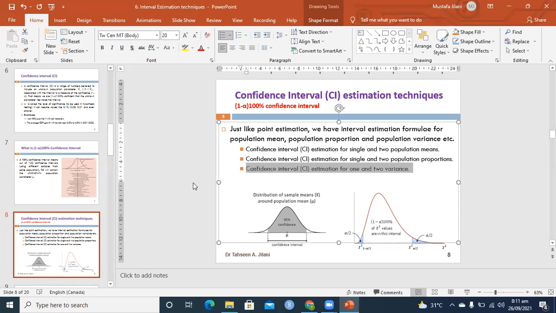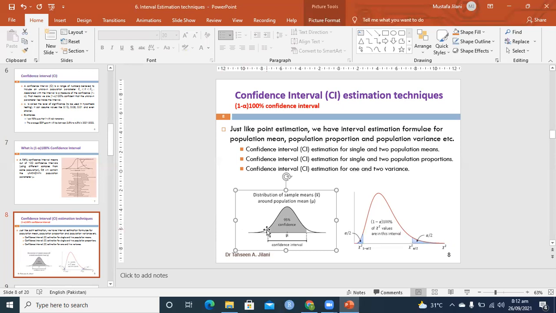There is a subject which extends this concept to more than two populations, and that subject is called multivariate analysis. In multivariate analysis, you can study confidence intervals for multiple means or multiple proportions or multiple variances. But this is out of scope of this module, so we are not going to discuss that.